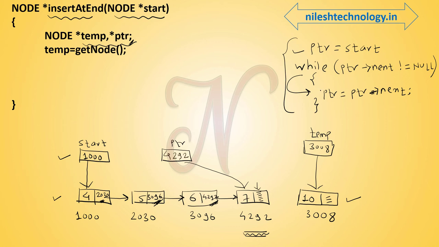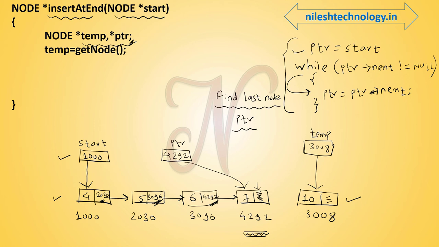Again, in the while loop, ptr of next is not equal to null. Here ptr of next is null, so it is not pointing to any other node. Here we break this while loop. By using this loop, we find the last node of the current linked list and define this node's name as ptr.